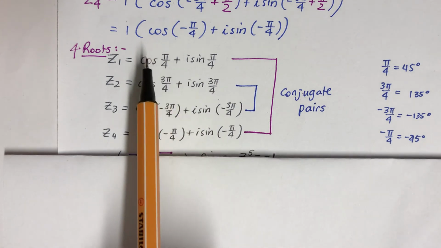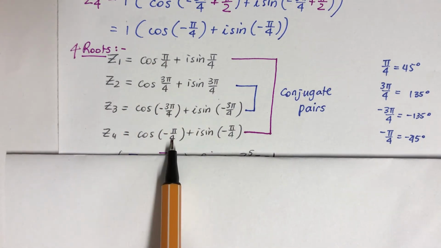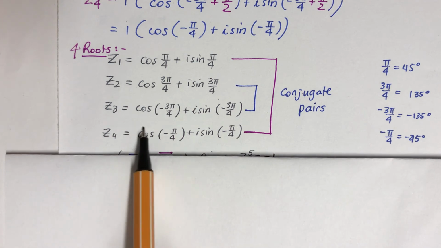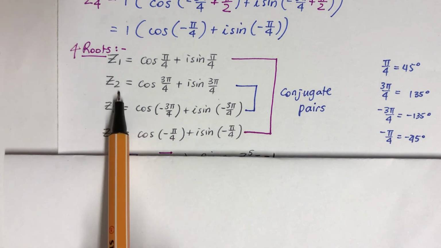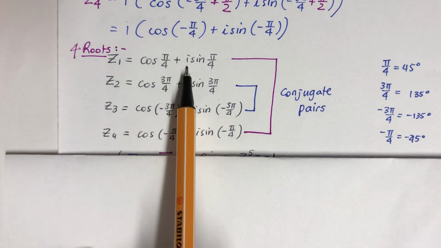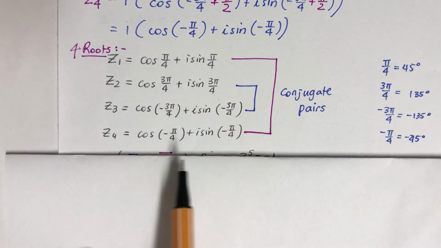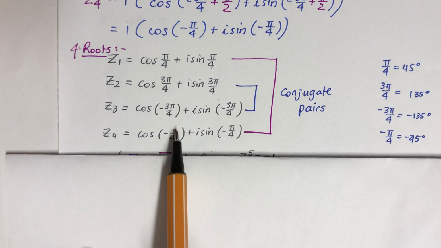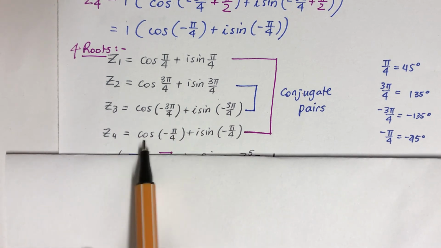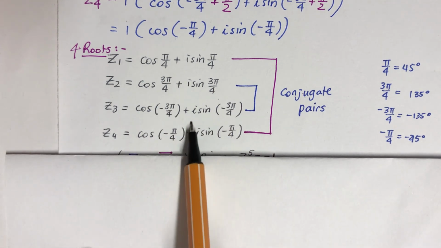Now if you look carefully, z1 and z4 are conjugate pairs, and z2 and z3 are conjugate pairs. A conjugate pair changes the imaginary part. In the imaginary part, cos minus pi over 4 is cos pi over 4 because cosine is an even function, so plus or minus doesn't matter, but for the sine, the minus goes out.